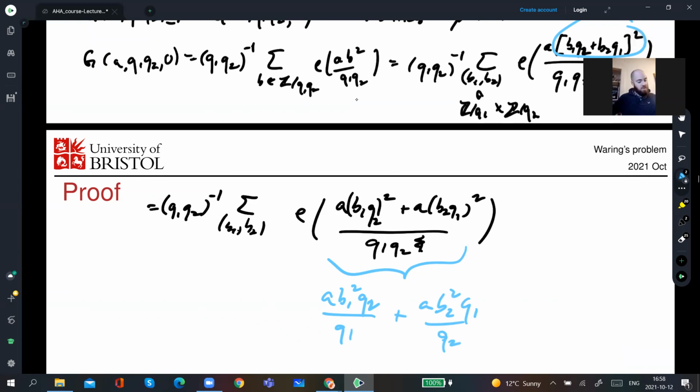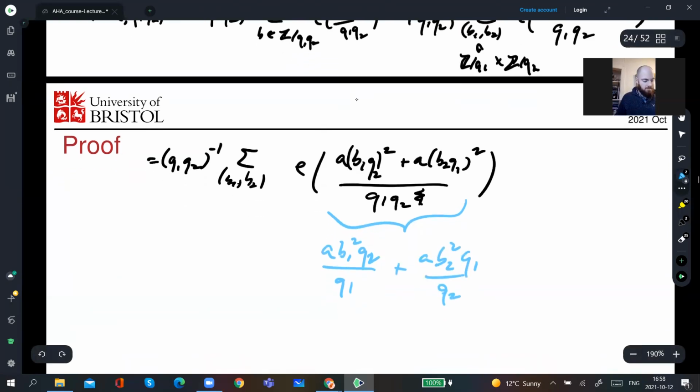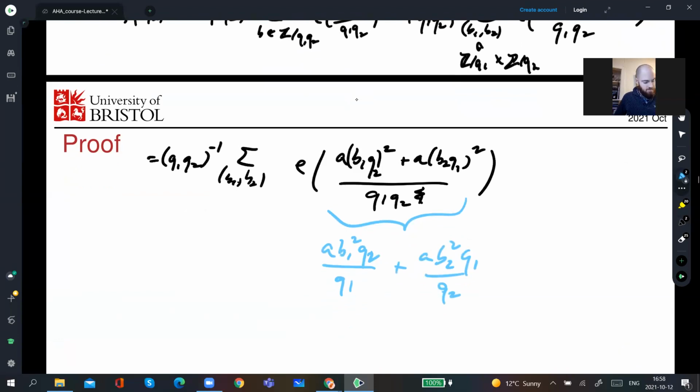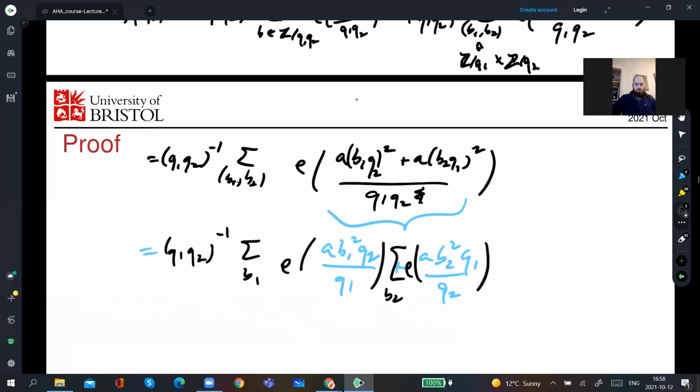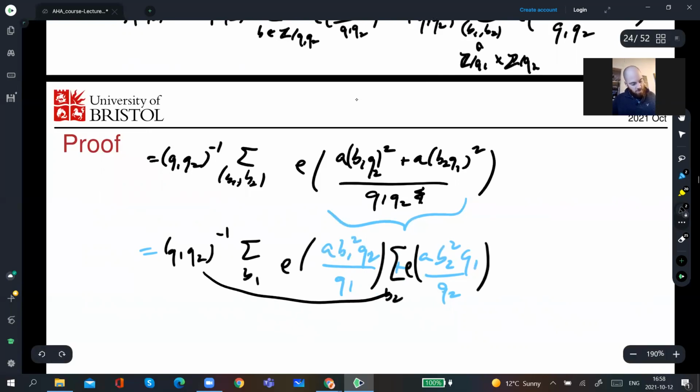And now we pull apart the two sums, the double sum, as that. And of course, I'll put my Q2 inverse over here with this sum and my Q1 on that one.